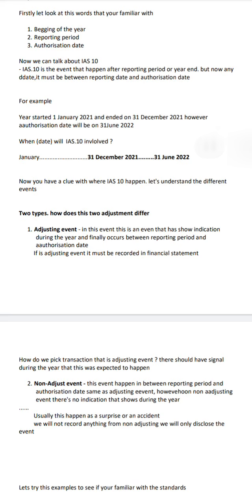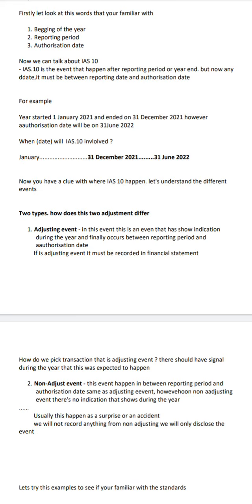All right, so let's go to the non-adjusting event. With a non-adjusting event, the event happened between the reporting period and the authorization date, same as the adjusting event. However, with this non-adjusting event, there was no indication shown during the year.